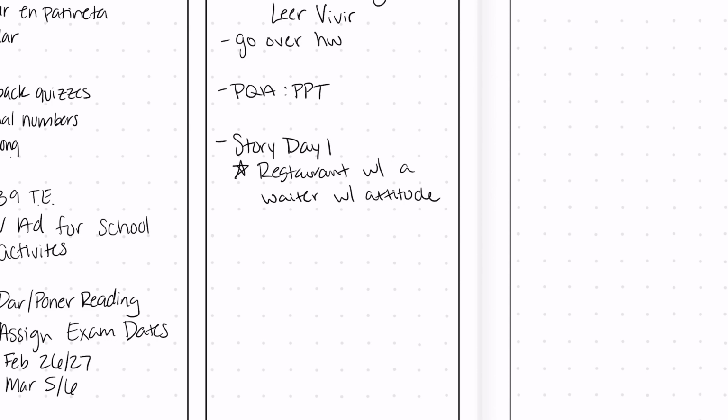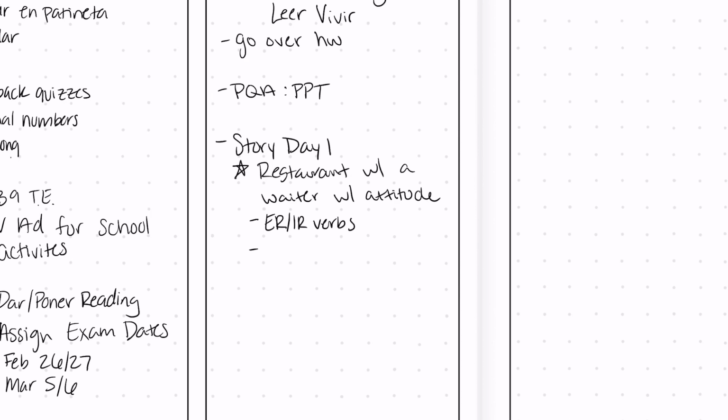The students have choice in the names of the actors and where specifically they go and everything like that, just to keep their buy-in. So with the restaurant vocab, the story is going to concentrate on ER-IR verbs.